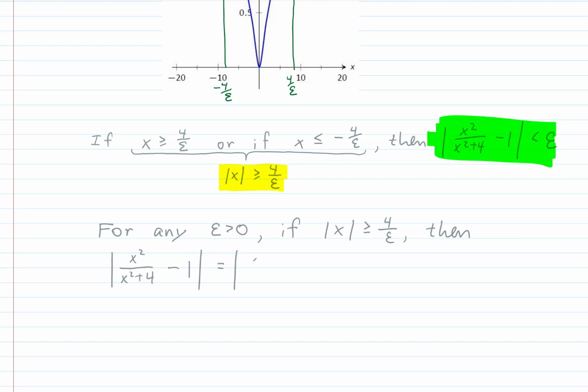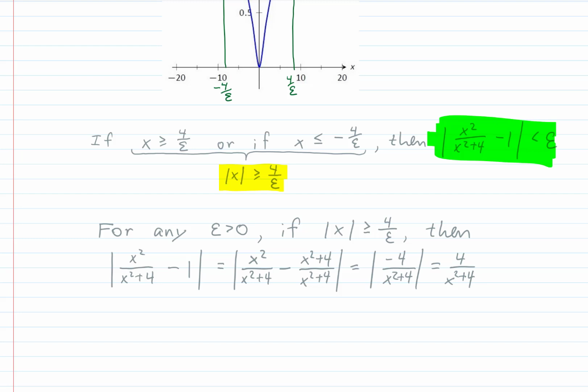That's the absolute value of x squared over x squared plus 4 minus x squared plus 4 over x squared plus 4, which is the absolute value of negative 4 over x squared plus 4, which equals 4 over x squared plus 4.